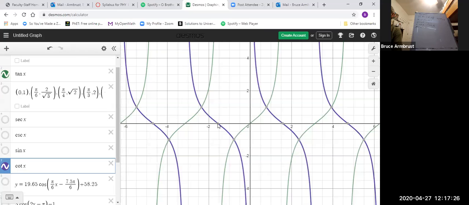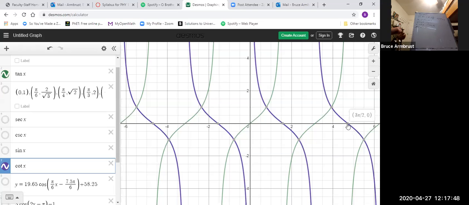So there's our minus pi over 2, pi over 2, 3 pi over 2. Those are now our intercepts, where before those were asymptotes. There's a shift, but there's also this flip. Okay, so they just go the opposite order. But if you know the graph of tangent, you can get the graph of cotangent pretty easily.